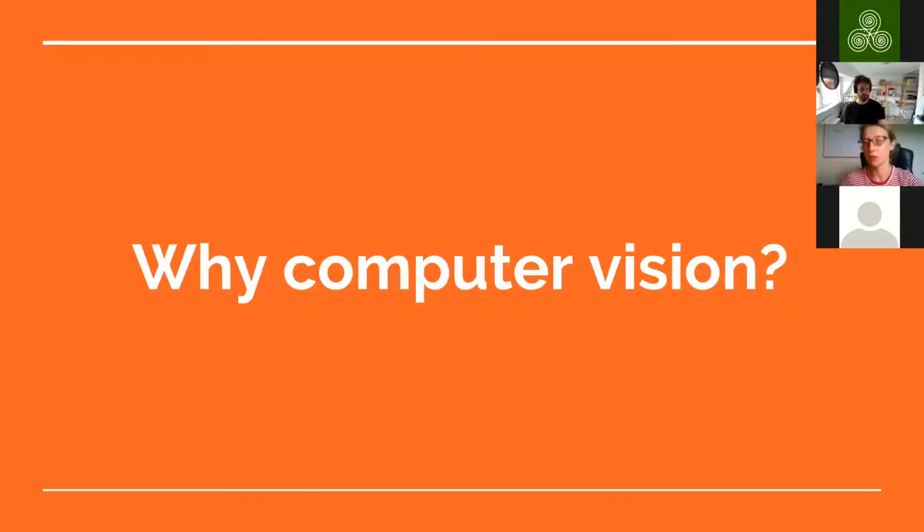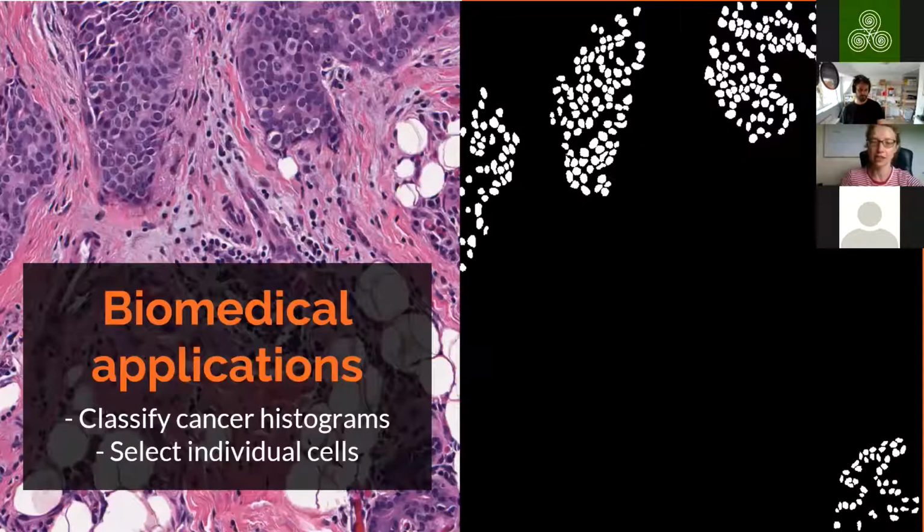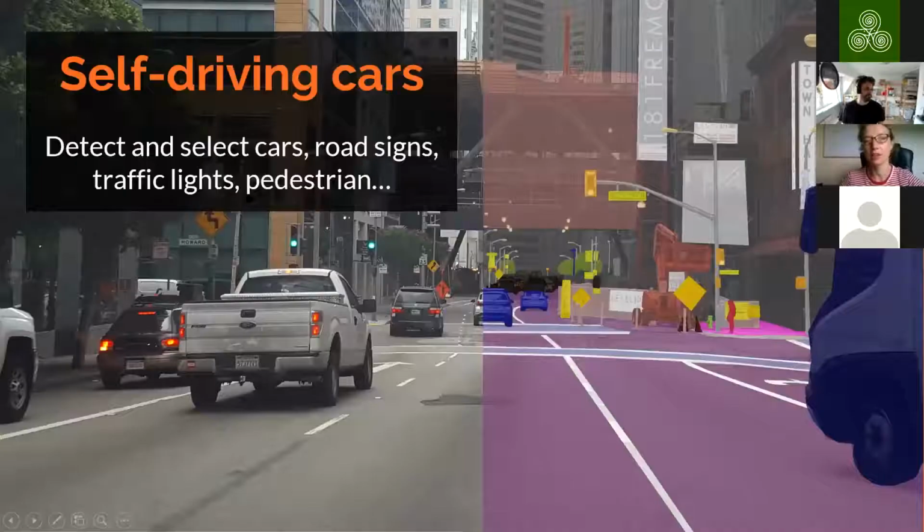And why is that so important that there is a big fuss about it nowadays? Computer vision has a lot of great applications. It can be used in biomedical applications to classify cancer histology and also select individual cells in the histology images. It can be used in self-driving cars, because self-driving cars rely a lot on LiDARs and cameras to gain information around them and to detect different traffic objects: other cars, road signs, traffic lights, and so on.